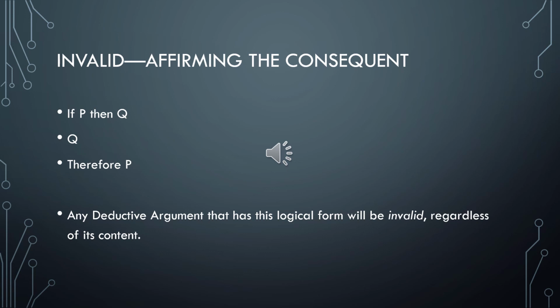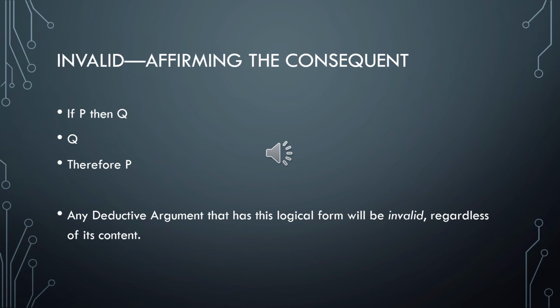Now you might look at this argument and say, wow, that looks an awful lot like modus ponens, but you'd have to look a little bit more closely to see that that is incorrect, because in a modus ponens argument, the second premise would not be Q, it would be P. It has a completely different structure. Modus ponens is a truth-preserving form, but this form, affirming the consequent, is not.